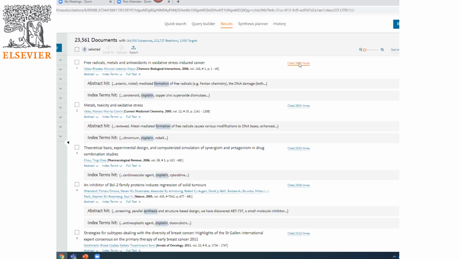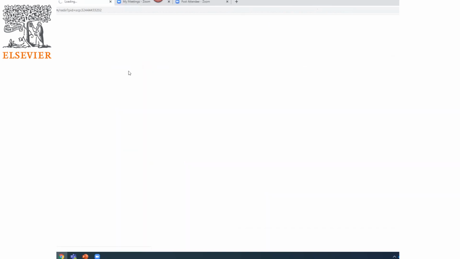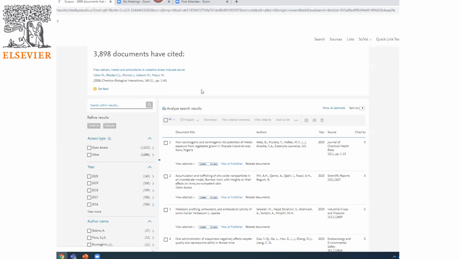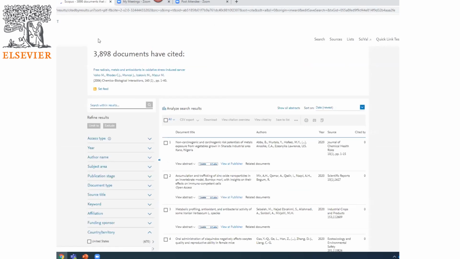By clicking on it, you will go to Scopus, and you can see who exactly cites this article, and also additional information about it. Here it is, 4,000 documents.